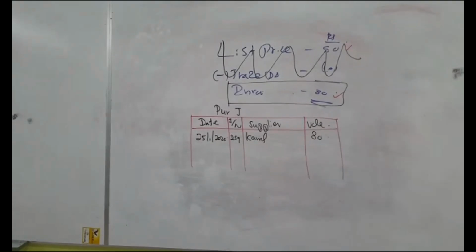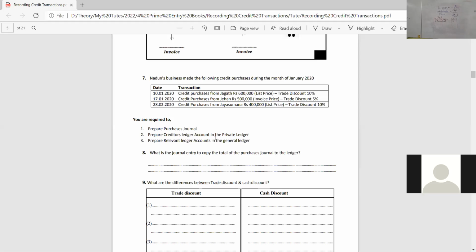Now if you move into the question, it says credit purchases from Jagath have been given at the list price. If the list price is given, before recording them in the purchases journal, you need to subtract the trade discounts, find the invoice price and record.